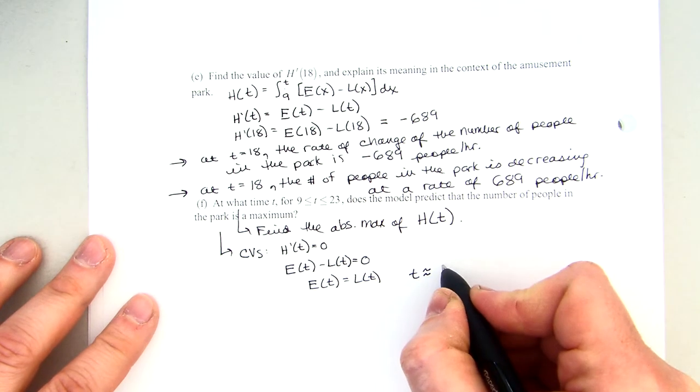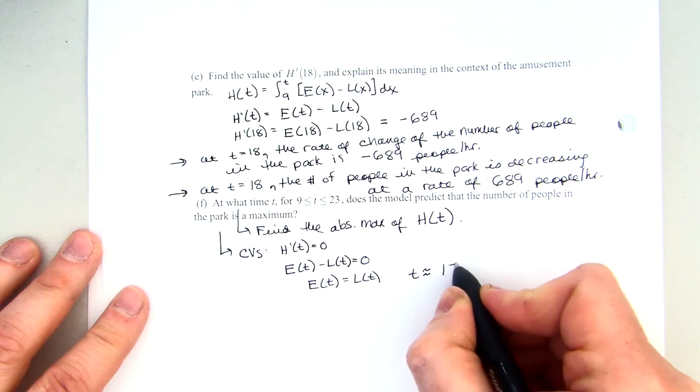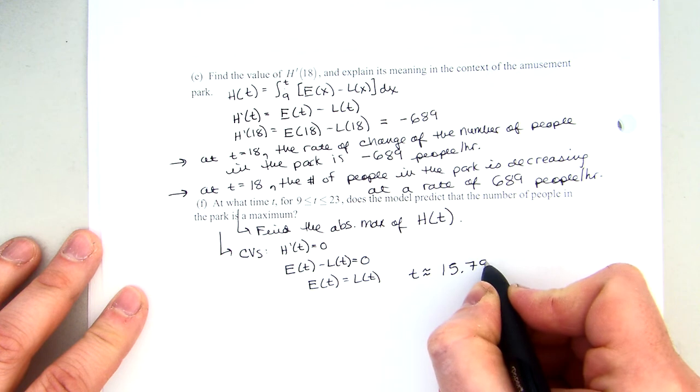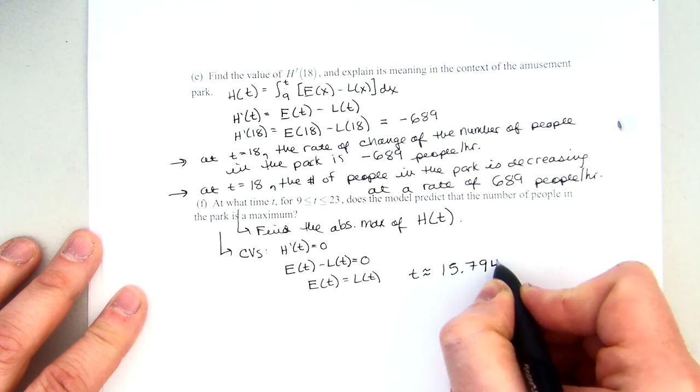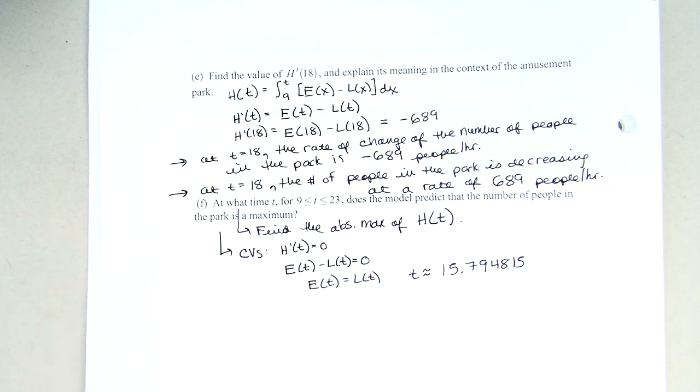Like 46. Oh, maybe not. I'm thinking 15 point. So, did you have the two things graphed and were you looking for the point of intersection? Yes. And were you giving the x coordinate of the point of intersection? I found it. 15.79. No. Okay.